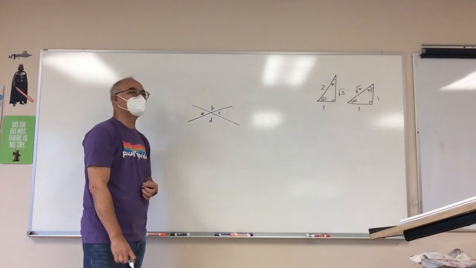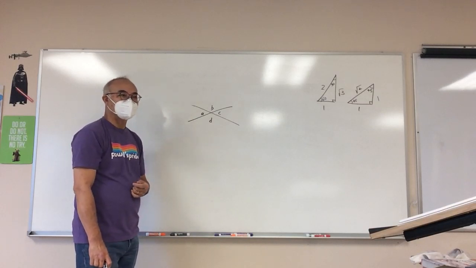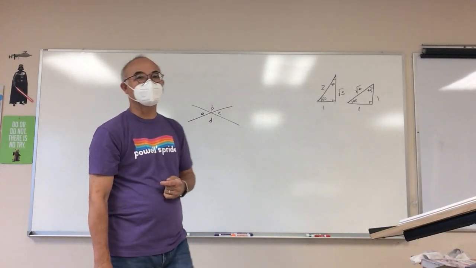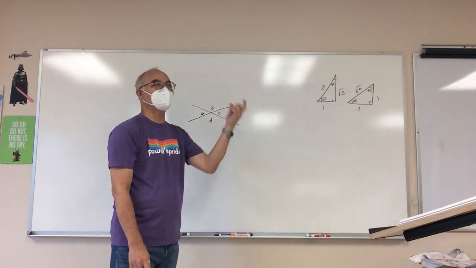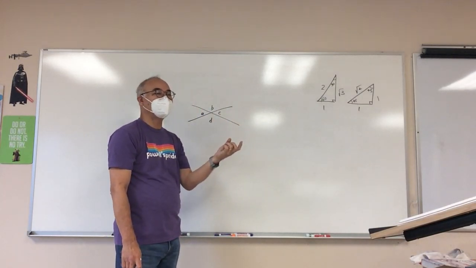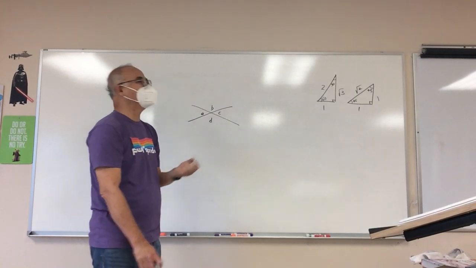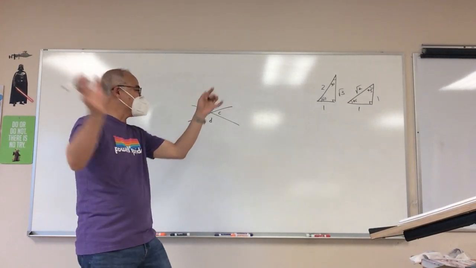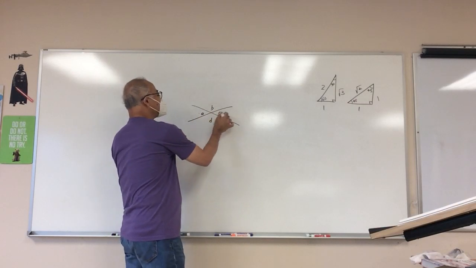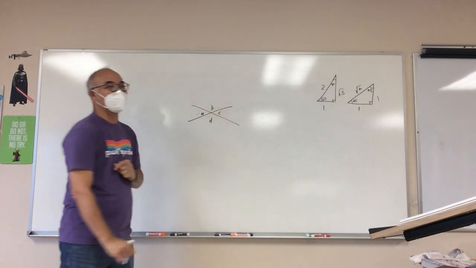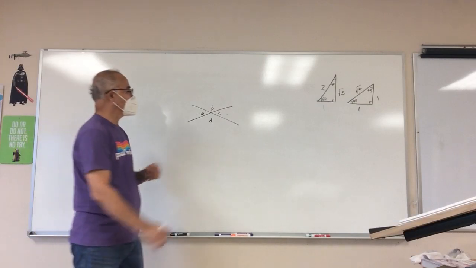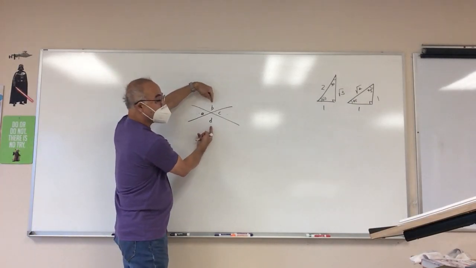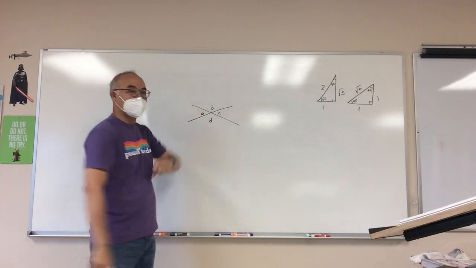Complementary is when they add to 90 degrees. Supplementary is when they add to 180. A and C are called vertical angles, and they are always the same. So these two are also a pair of vertical angles.